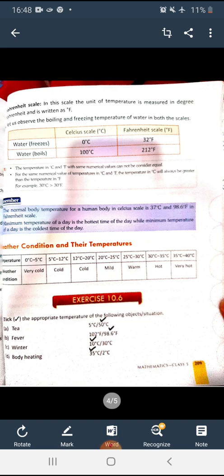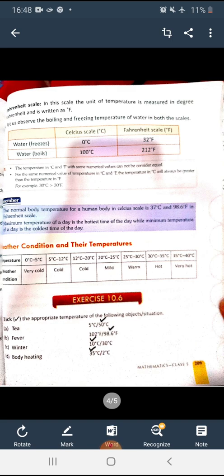And if it boils, then the temperature of water is 100 degree Celsius, and in Fahrenheit 212 degree Fahrenheit. So the temperatures in degree C and F with the same numerical values cannot be considered equal. All of you are seeing that in the Celsius scale and in the Fahrenheit scale, the numbers are different.